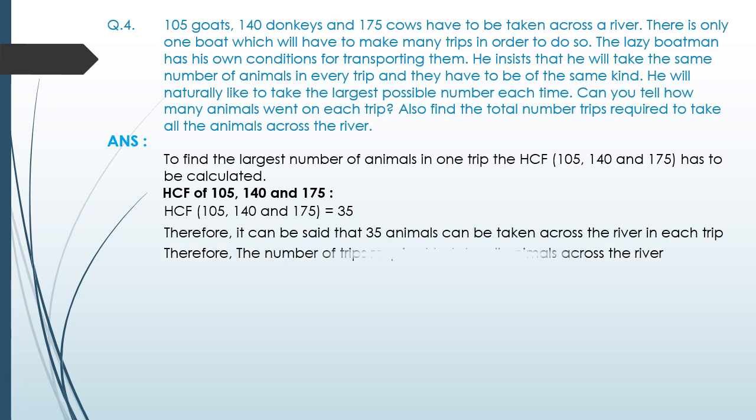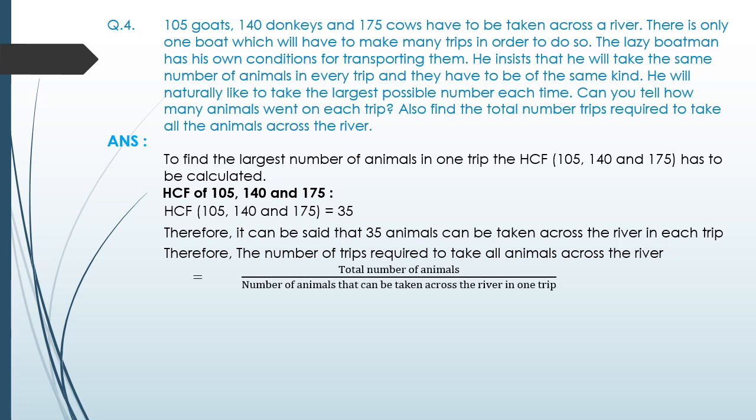So let us start the answer of the next part. Therefore, the number of trips required to take all animals across the river is equal to the total number of animals divided by the number of animals that can be taken across the river in one trip. So that is equal to the total number of animals divided by HCF. Why have we used HCF? Because the maximum number of animals that can be taken across the river in one trip is nothing but the HCF of the given numbers.